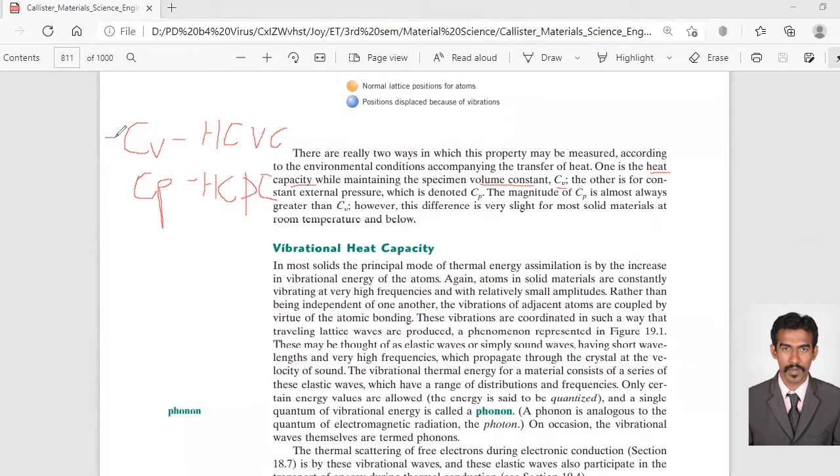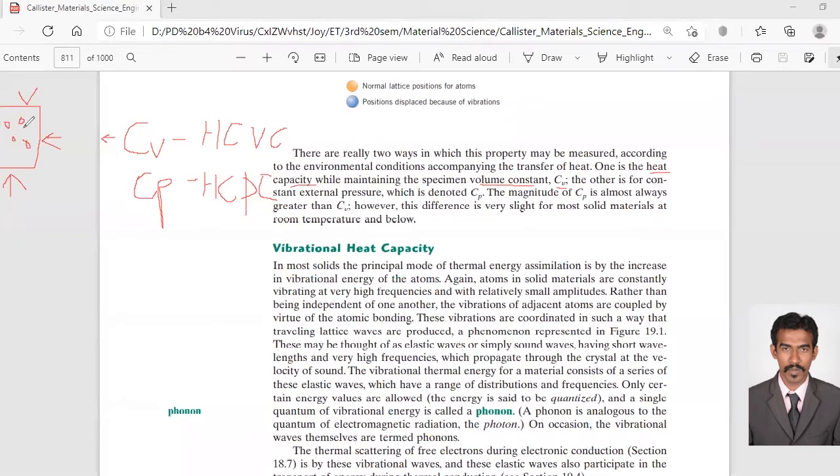So what does this constant volume heat capacity mean? You have a particular volume, say this is V. You are putting some material inside and you are providing heat. When you provide heat, what will happen? Vibrations increase. They will not stay in one place, they will run here and there and collide with others, and energy will be increased.